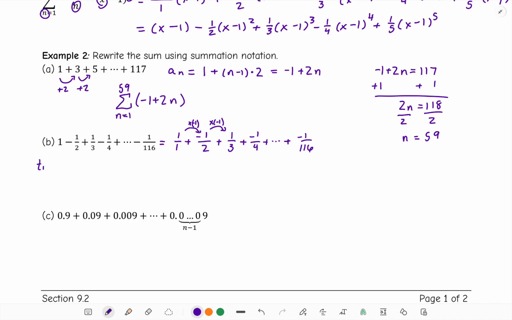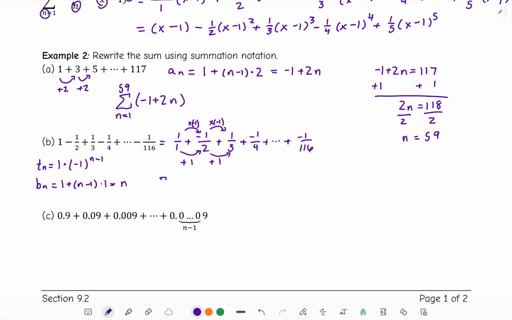So the top will be a1, which is 1, times negative 1 to the n minus 1. And the bottom is arithmetic, where you're adding 1 each time. So the bottom will be a1 plus n minus 1 times 1. And that comes out to be just n.